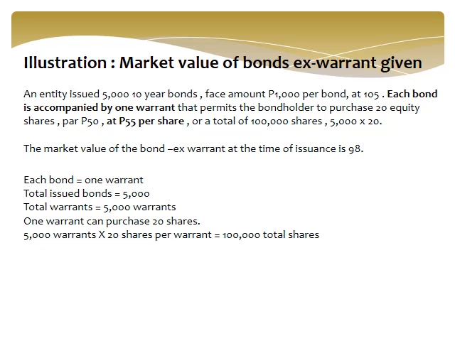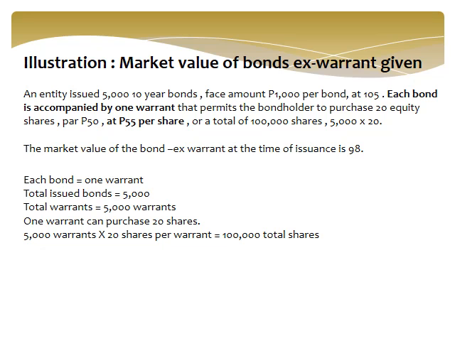At 105, na-receive niya yung cash from the bondholder. Again, nag-issue tayo ng 5,000 10-year bonds, face amount 1,000 peso per bond. So, natanggap natin 105 or 105%.